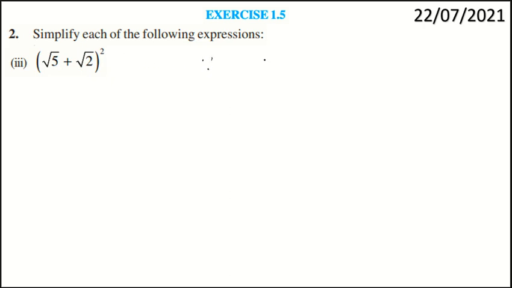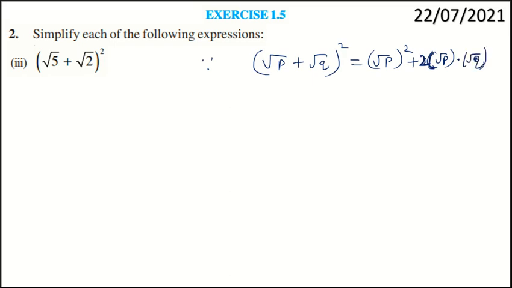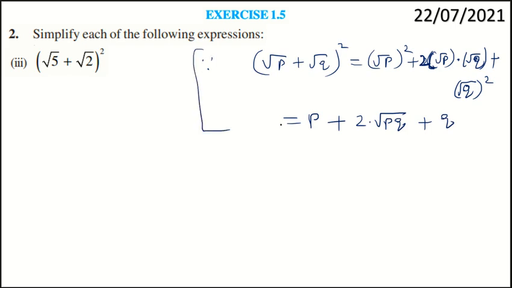Using the identity root p plus root q whole square, we will do, where root p whole square plus 2 times root p into root q plus root q whole square, where root p whole square is p, plus 2 times root p into root q can be written as root under pq, plus root q whole square is q. So that's how we do this question also.